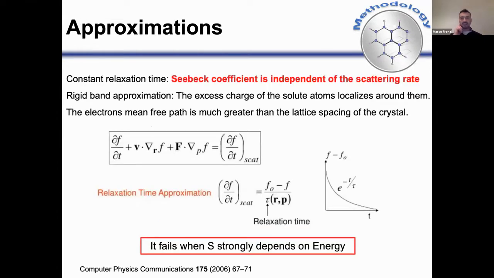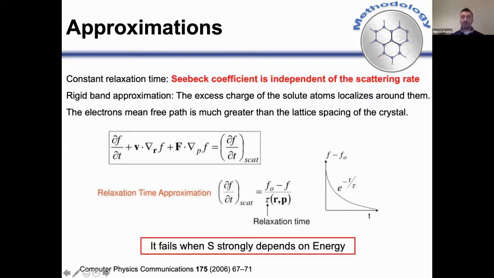There is one important approximation that must be made in order to use this approach, and it's called the constant relaxation time. Basically, the Seebeck coefficient is considered to be independent of the scattering of the particles. Or from a different point of view, during diffusion, the mean free path of each particle is longer than the lattice spacing.